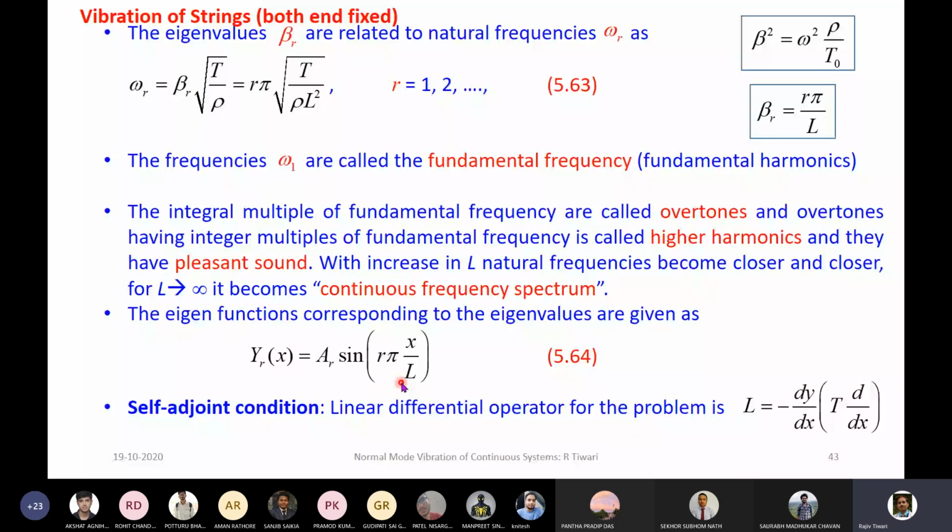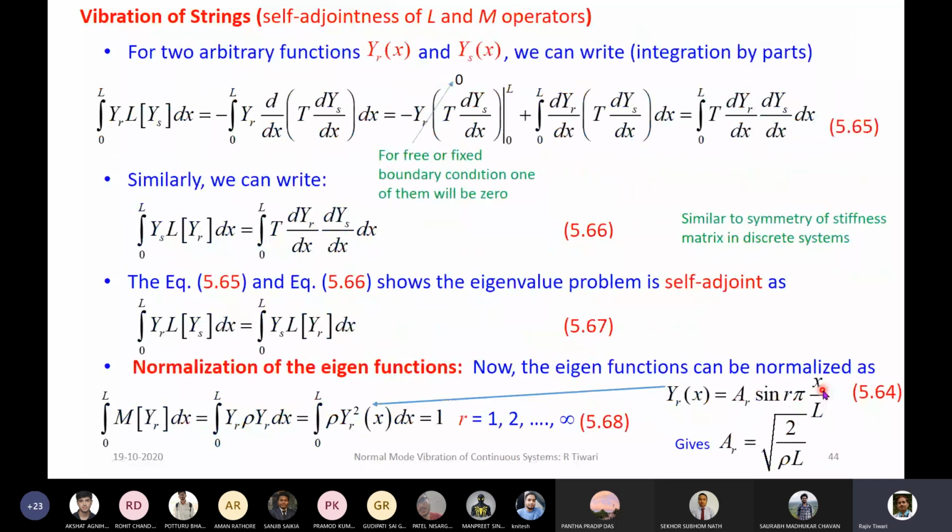Now we'll see the properties of the L operator and M operator. One of them is the self-adjointness condition. Let us say we have two eigenfunctions, one for the rth mode and another for the sth mode, and the L operator of the yr eigenfunction multiplied by ys.